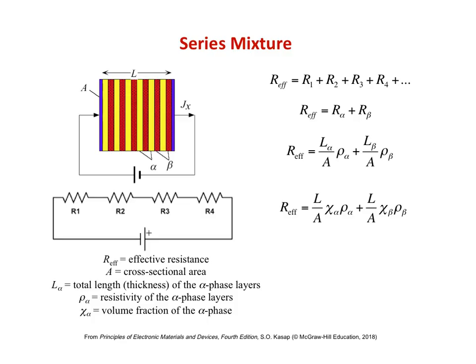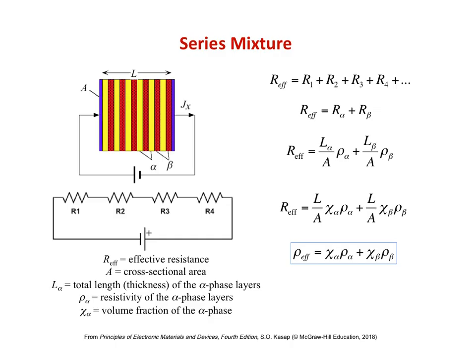Then we recognize we have L over A on both and can bring it over to the resistance side, which gives us the effective resistivity of the entire system is simply the volume fraction of the alpha phase times its resistivity and the volume fraction of the beta phase times its resistivity.